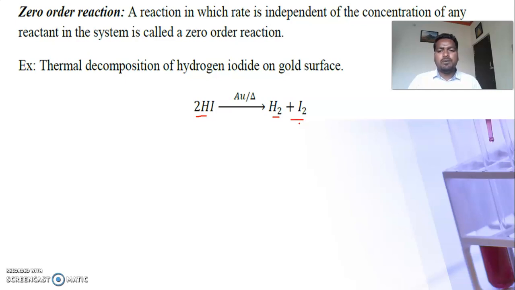This is the best example for a zero order reaction, but why? Because this depends on the energy and catalyst. So it depends on the catalyst, not on the concentration of hydrogen iodide. That's why it is called a zero order reaction.